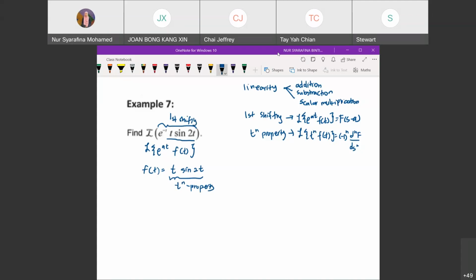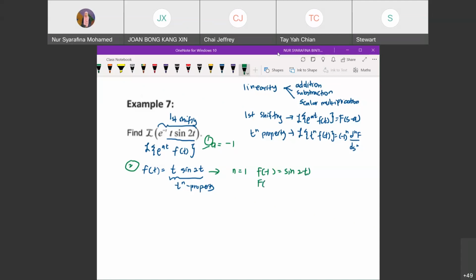First, you know that this is first shifting, following e^(at) times f(t). So in first shifting, what you need to know is a equals -1, right? And f(t) equals t sine 2t. So in this, you know that n equals 1, and f(t) equals sine 2t.